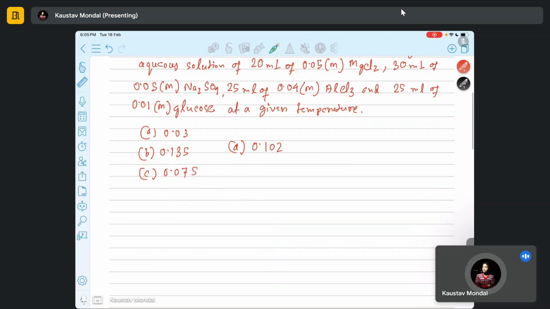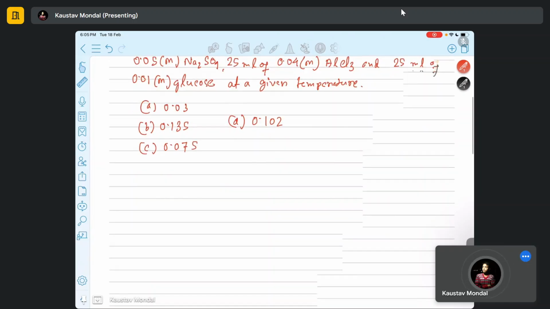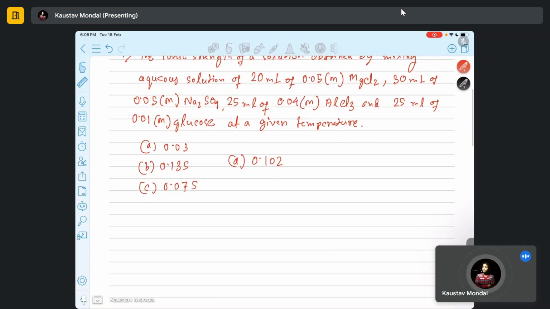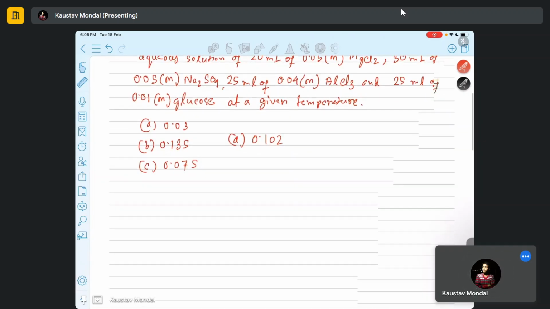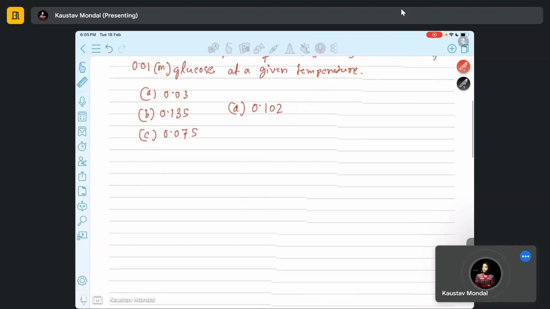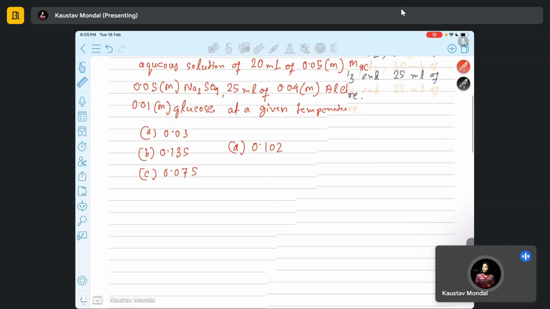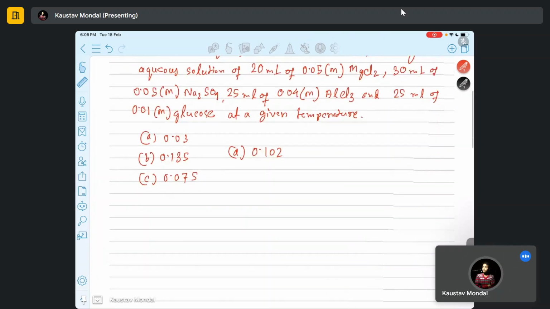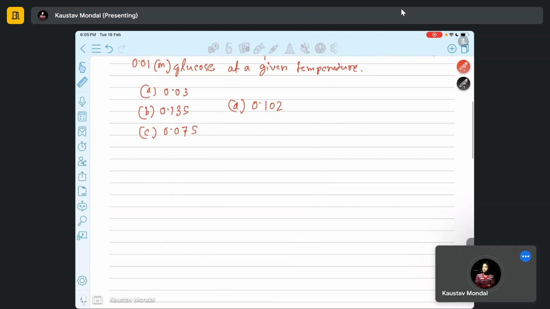So before solving the problem, let me just discuss briefly how to calculate moles from the molarity. I hope all of you know this, but still I will just recall how to calculate the number of moles from molarity.